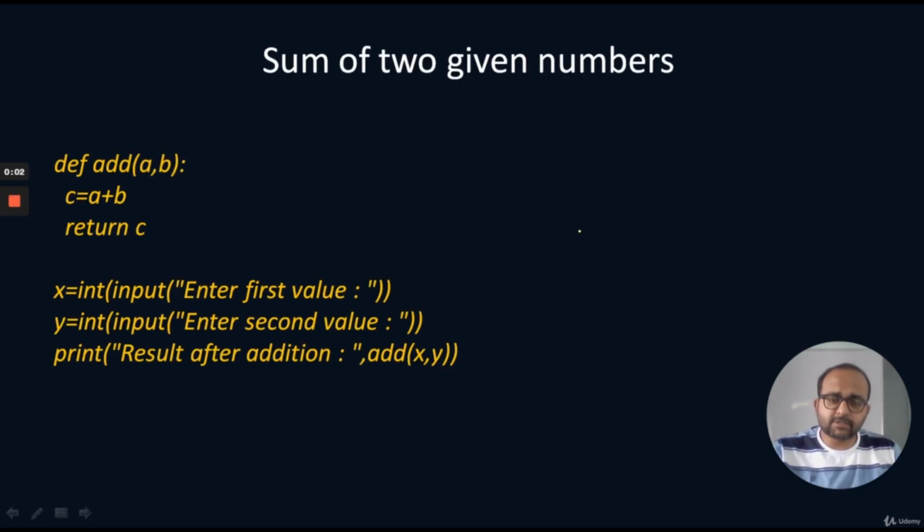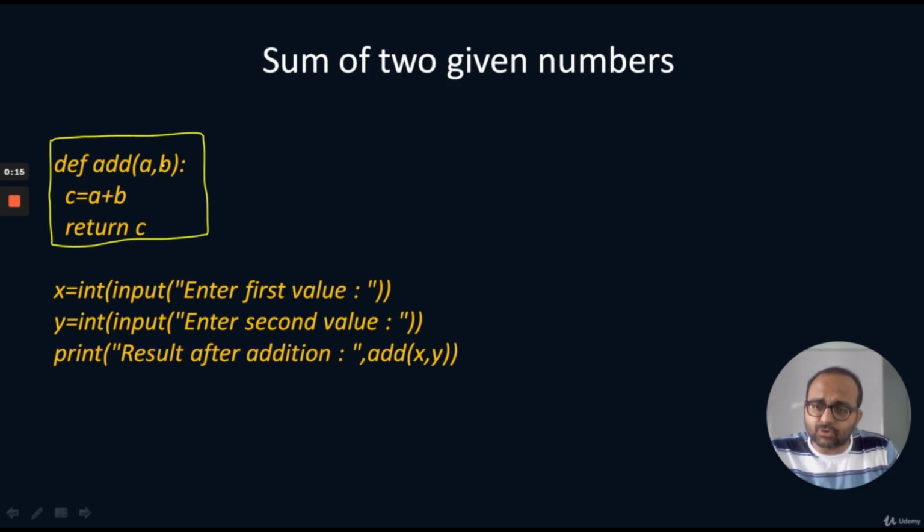So the next one is finding the sum of two given numbers with the help of a function. First we have defined a function named add, and this function add has two parameters, a and b.